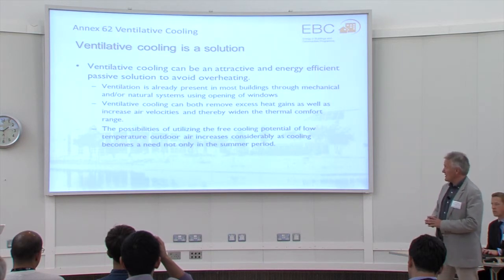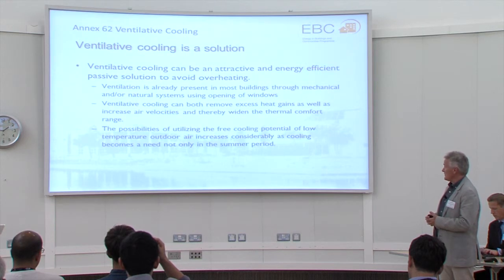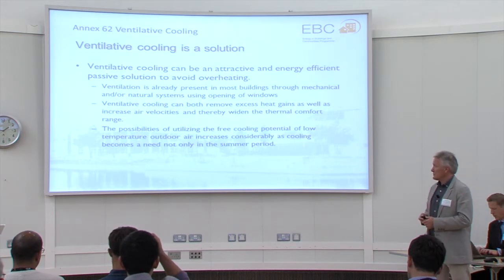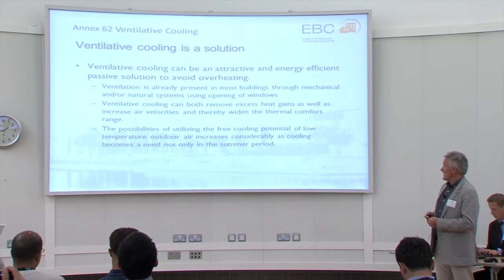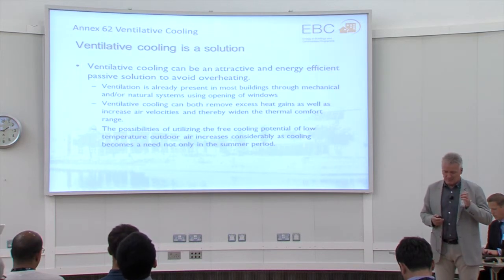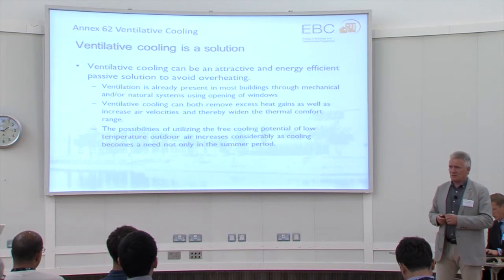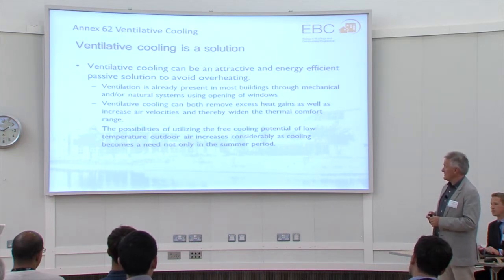Both because it's already there. We have ventilation systems, we have windows and the possibility to open those to improve natural airflow through the building. We have in many European countries an outdoor climate where the outdoor temperature is lower than the temperature we want inside our buildings for long periods of the year.